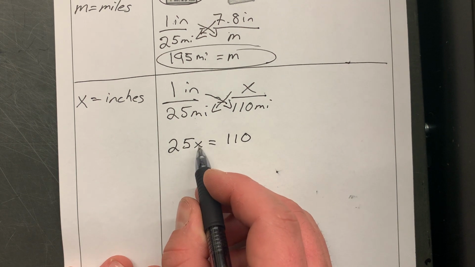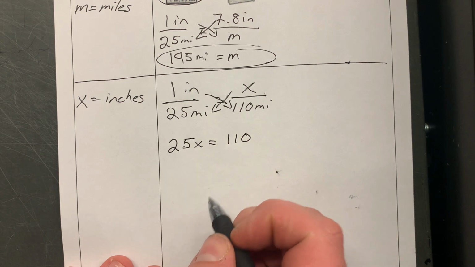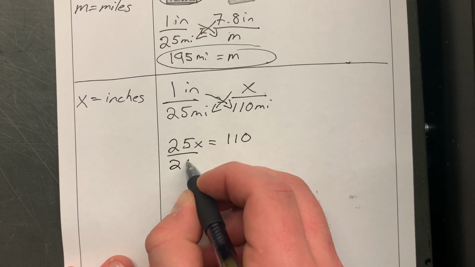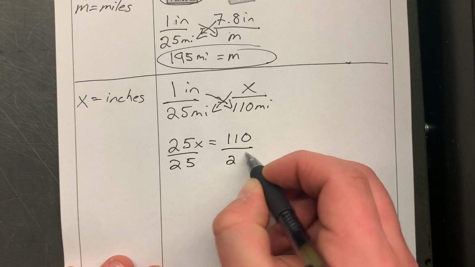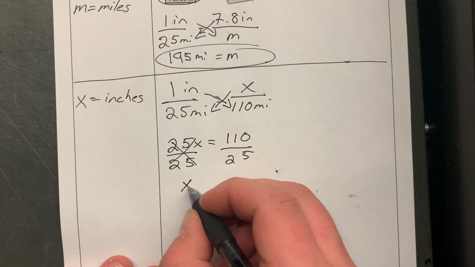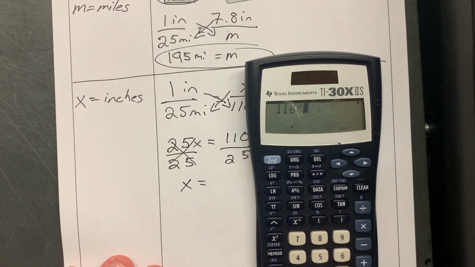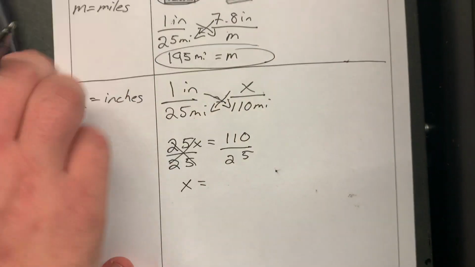I have 25 times x equals 110. I have to do the opposite of multiplication here, which is division. I'm going to divide each side by 25. These cancel out. X is equal to 110 divided by 25, and I end up with 4.4.